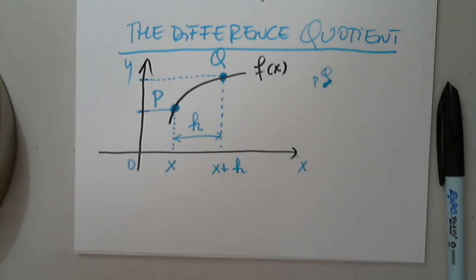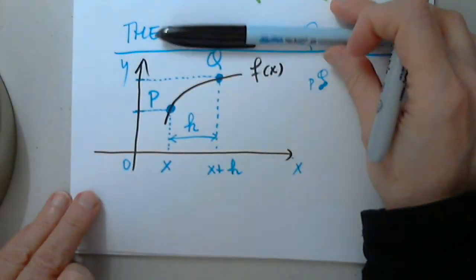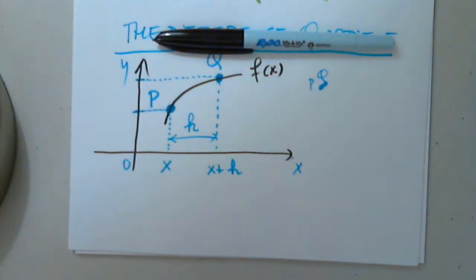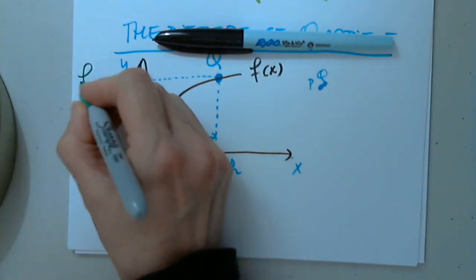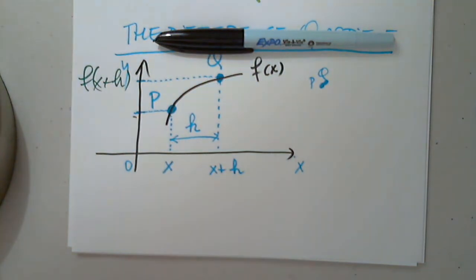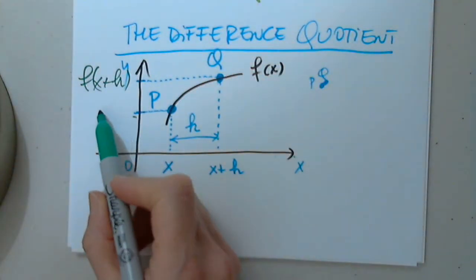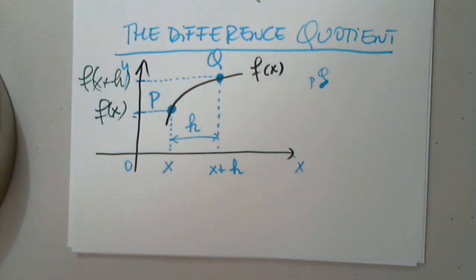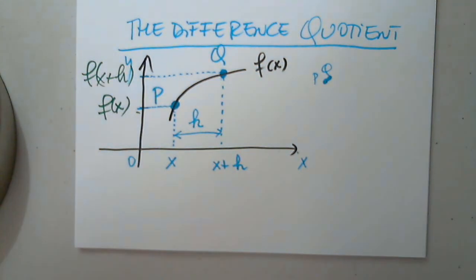Would that be where the difference quotient comes in, the formula? Oh, we haven't talked about it yet. Q is f of x plus h. Thank you very much. Brilliant. And the y coordinate of P? Just f of x. Thank you very much. Excellent. Good. Does everyone understand that? This is crucial. Does everyone understand that?